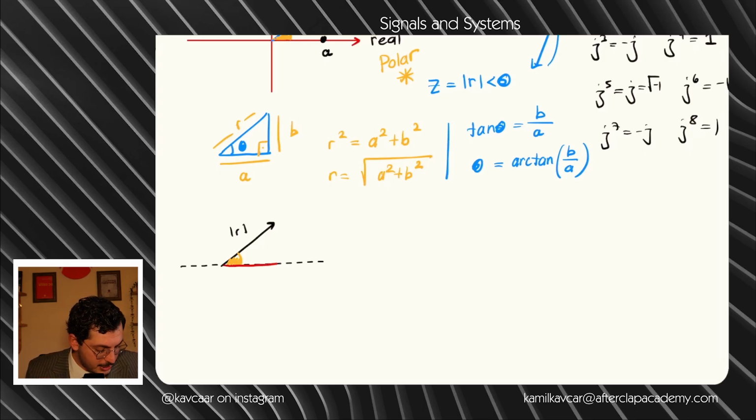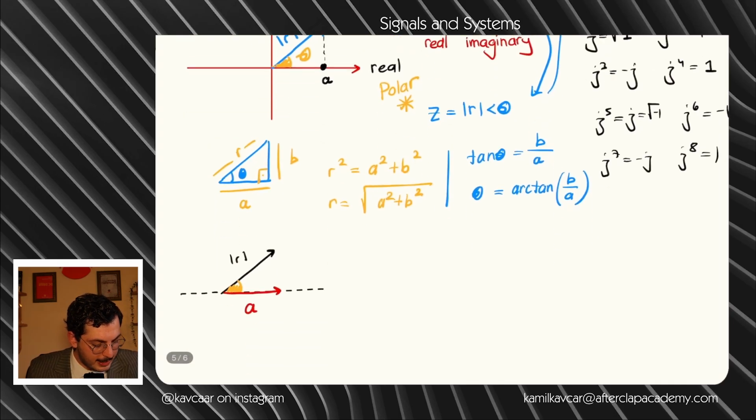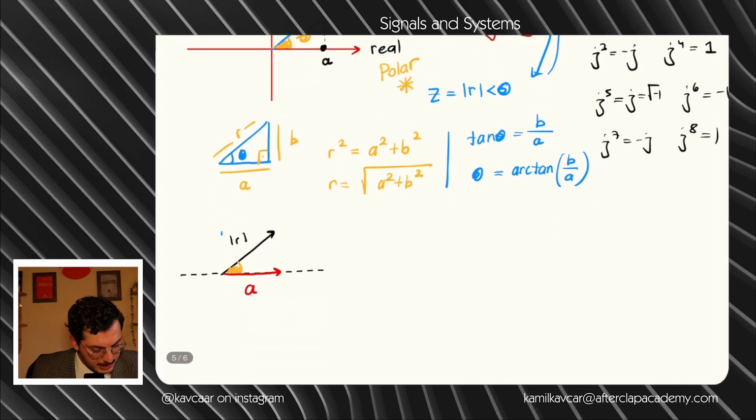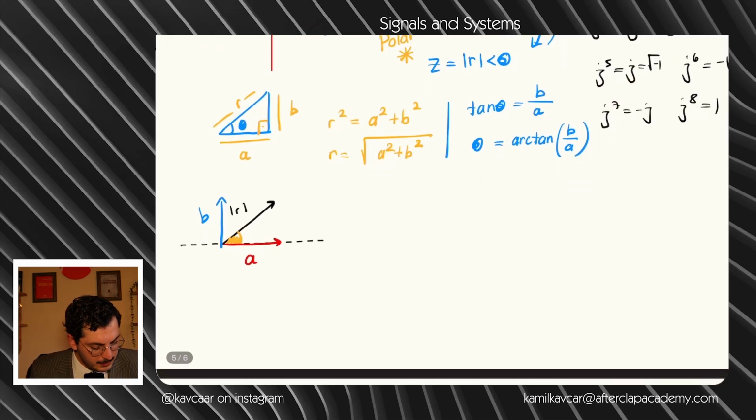The x-axis projection, let's call it a, because we know that it is equal to a. And the y-axis projection, let's call that b. So simply, if you use the cosine of theta, you're going to have the value of a, which is the horizontal projection. If you use the sine of theta, you're going to have b, which is the vertical projection.